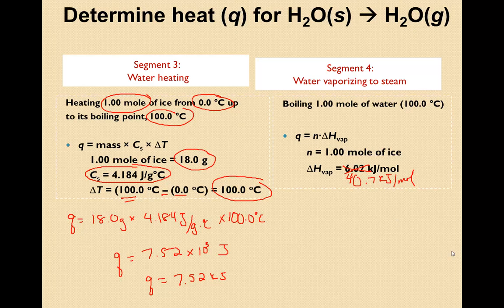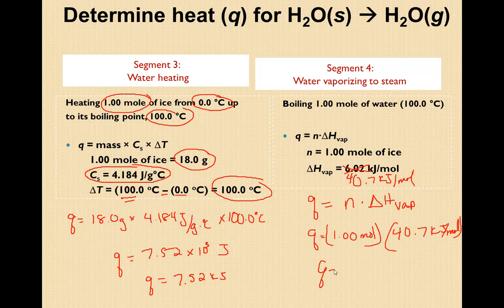Q is equal to n times the delta H of vaporization, which means, since we're still dealing with 1 mole, 1.00 mole times the heat of vaporization, which is 40.7. We're going to multiply those out to be 40.7 kilojoules.